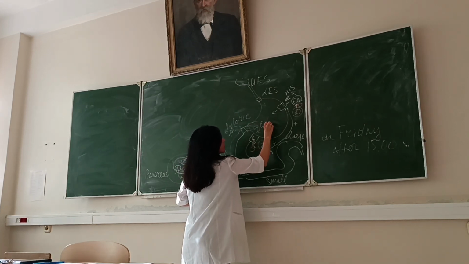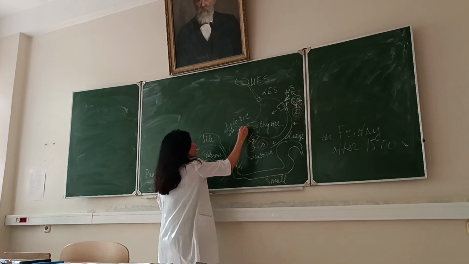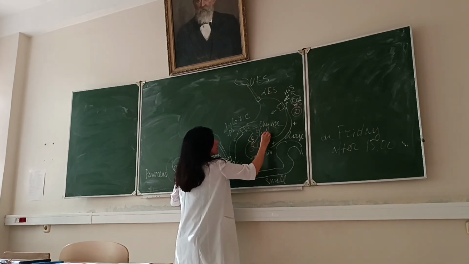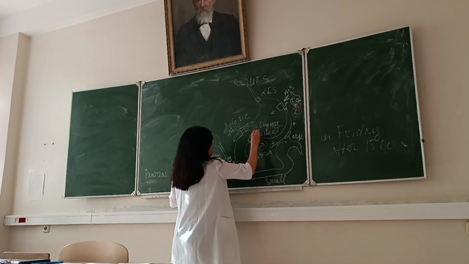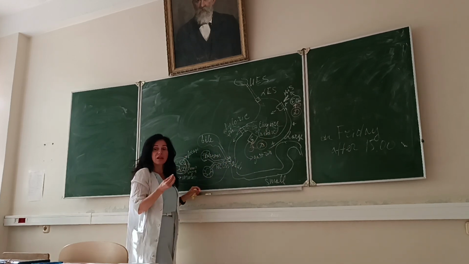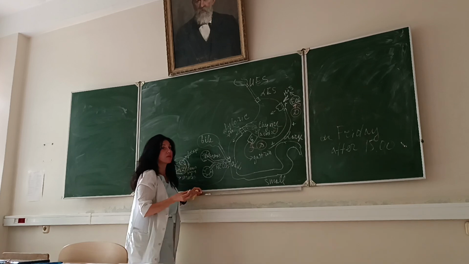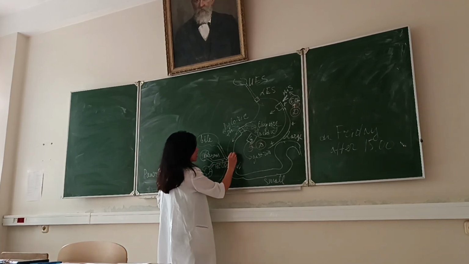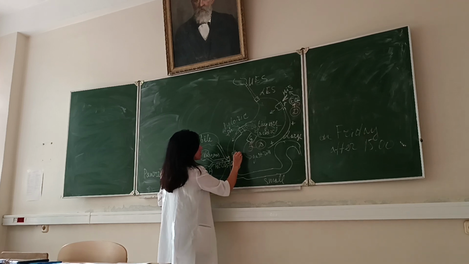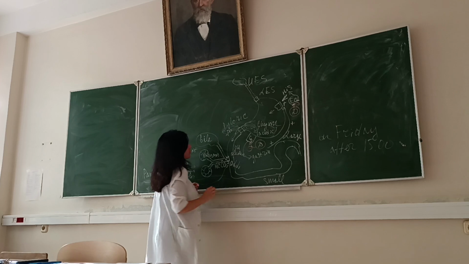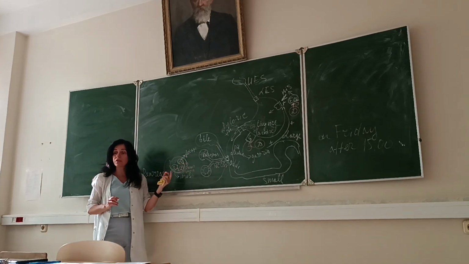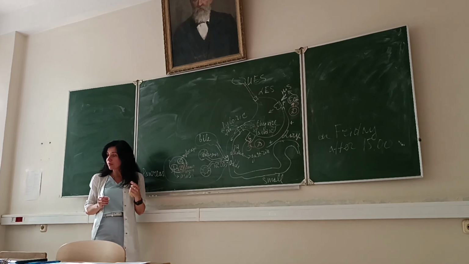From stomach, acidic pH. Duodenum has alkaline pH. This pH must be alkaline, about 7.5, for example. It is very important to understand the different function of acinar cell and duct cell.